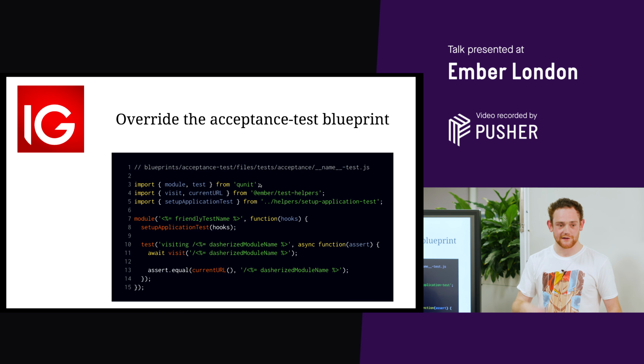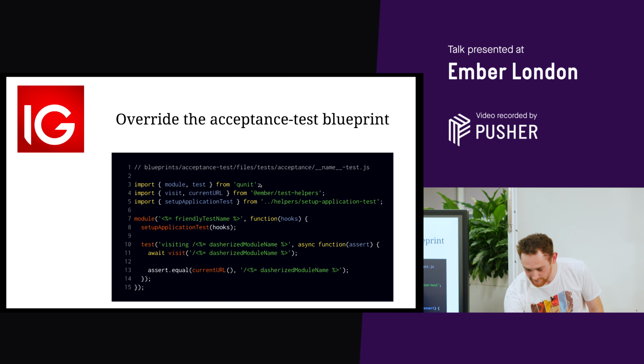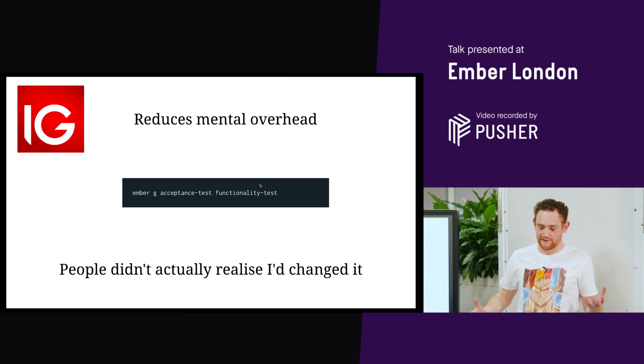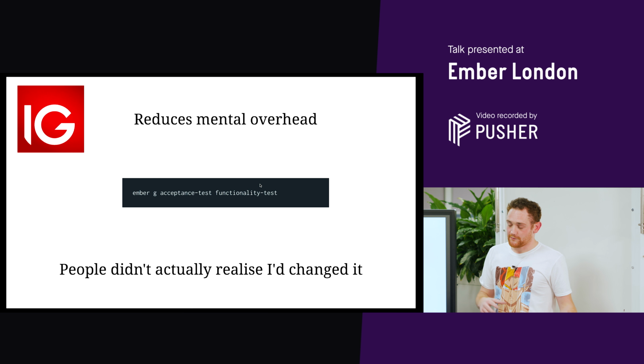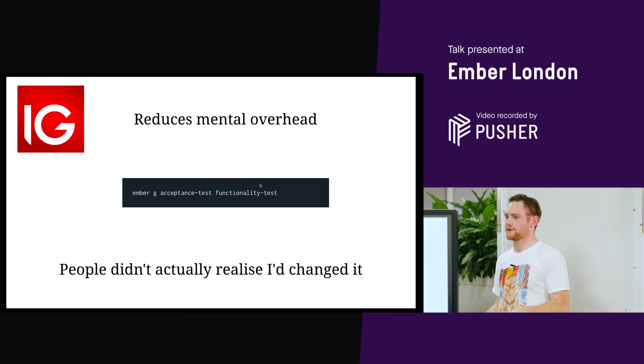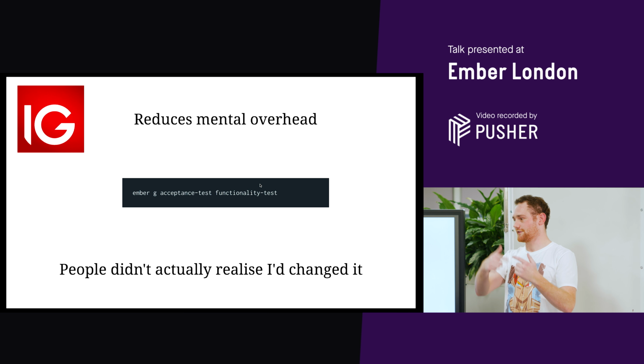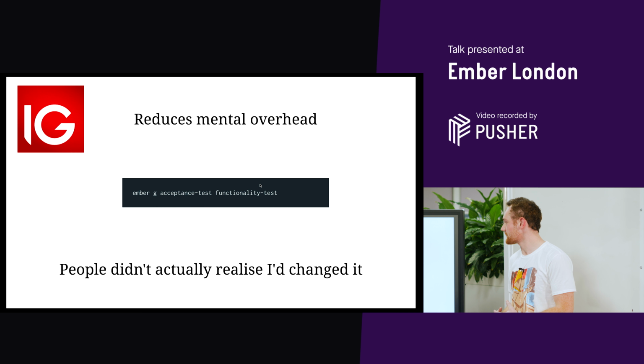And that means that every time an Ember developer comes in and goes ember g acceptance-test, whatever that functionality might be, it just works. And I like this because it reduces mental overhead. It's one of those things I hate coming into a project and being told, you just have to remember to add this, and you have to remember to do that, because it takes you a lot longer to get productive.